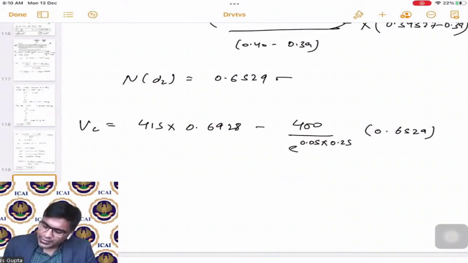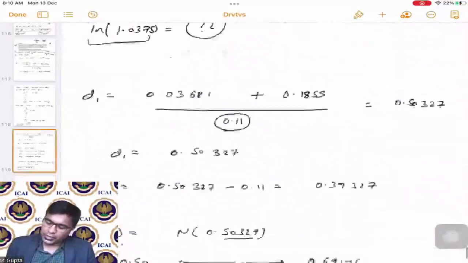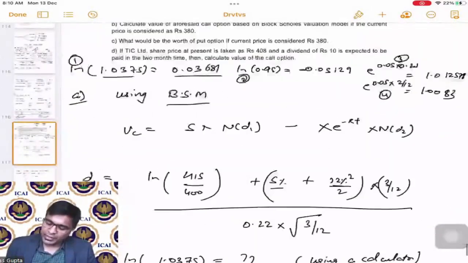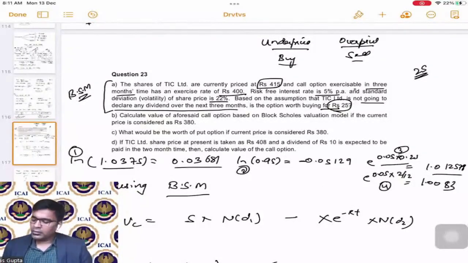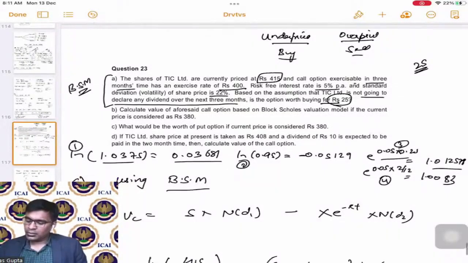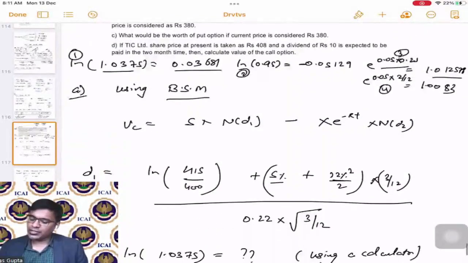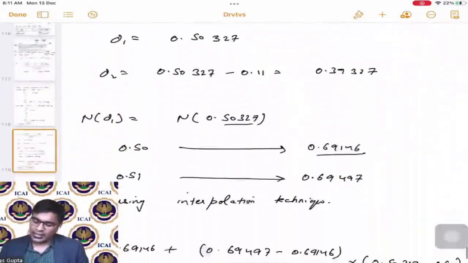Now, students, this value, I have already asked you to make a note of it, because in the previous question it was mentioned, and this also it is there, which is 1.012578.